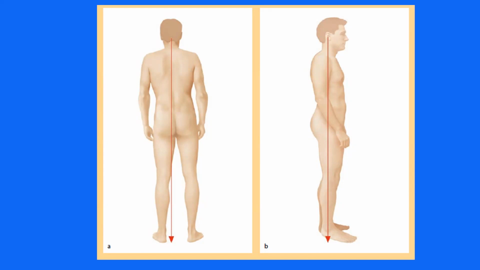It's shifted to one side. On the other hand, if you draw a line in the sagittal view, the right-hand side, and you find that the line passes through the sacrum, this patient is balanced.